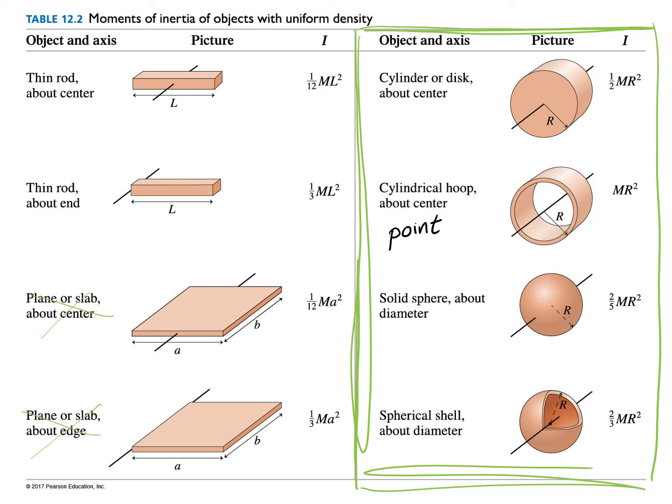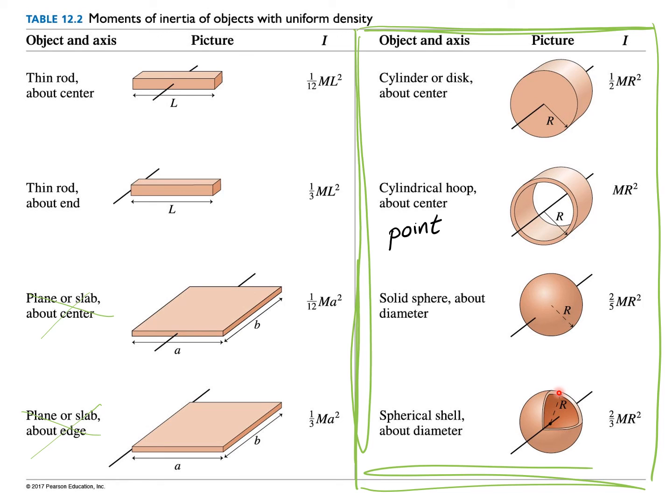If you have a solid sphere, so this is completely solid all the way through, it's 2/5 MR squared, M being the total mass of the system. Capital R in all of these moments of inertia stands for the maximum radius value of our object.